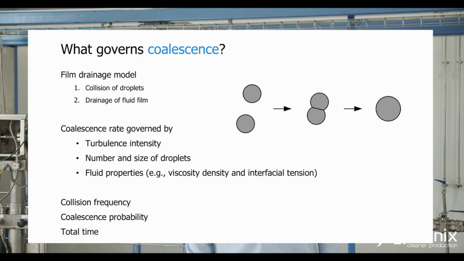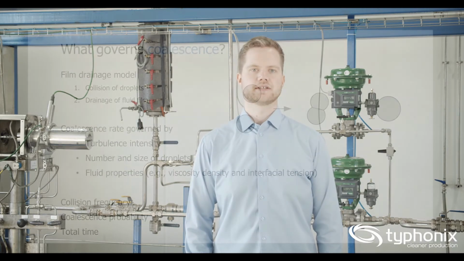The coalescence rate is governed by several factors: the turbulence intensity, number and size of the droplets, and also fluid properties like viscosity, density, and interfacial tension. This can be divided into collision frequency and coalescence probability.